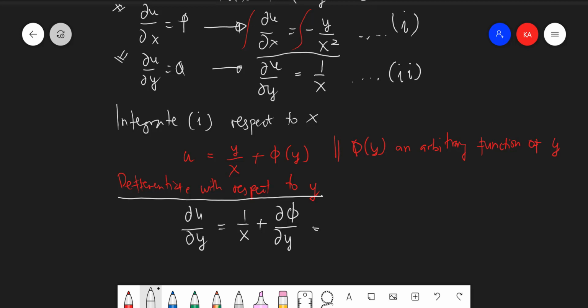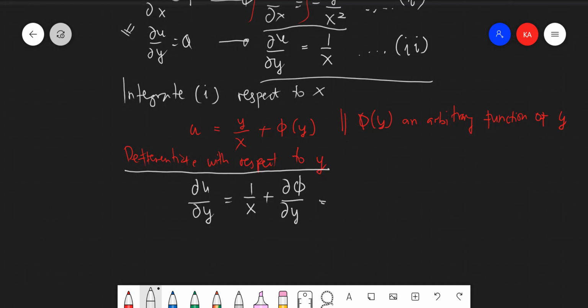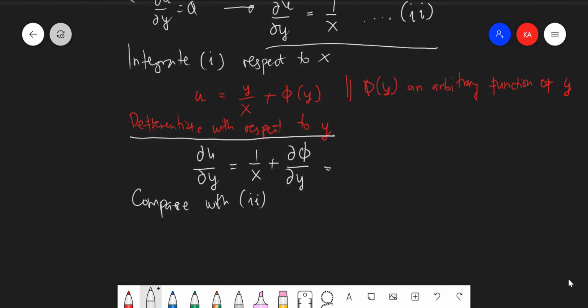And then we compare to equation number 2 here, where ∂u/∂y is 1 over x. So we compare with equation 2: 1 over x plus ∂theta/∂y is equivalent to 1 over x.